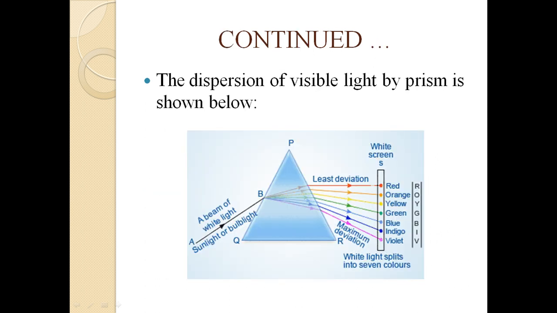The following figure shows the dispersion of visible light by a prism. Here you can see a beam of white light is incident on the prism on the side PQ, and it is refracted through the prism at the point B and emerges out through the side PR. On that side there is a screen, and on that screen you can see the colored spots.